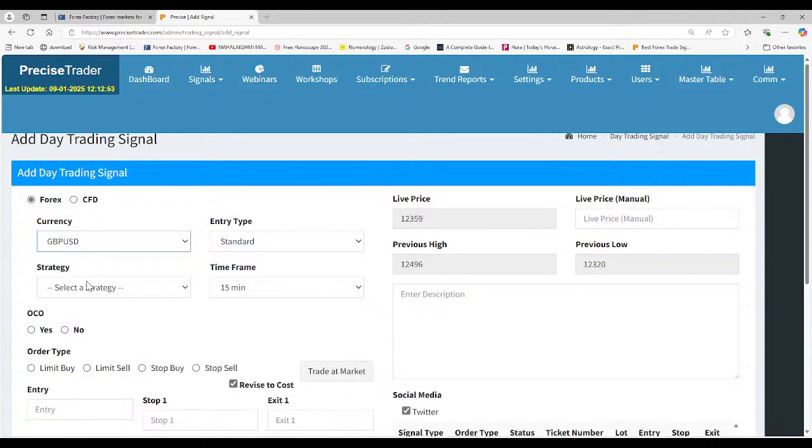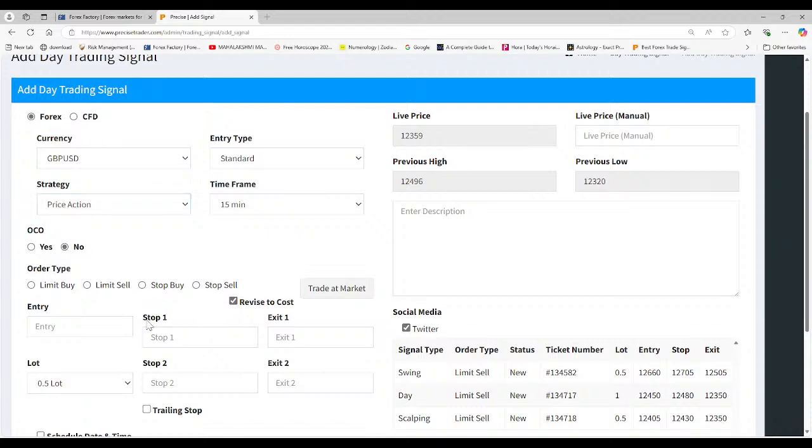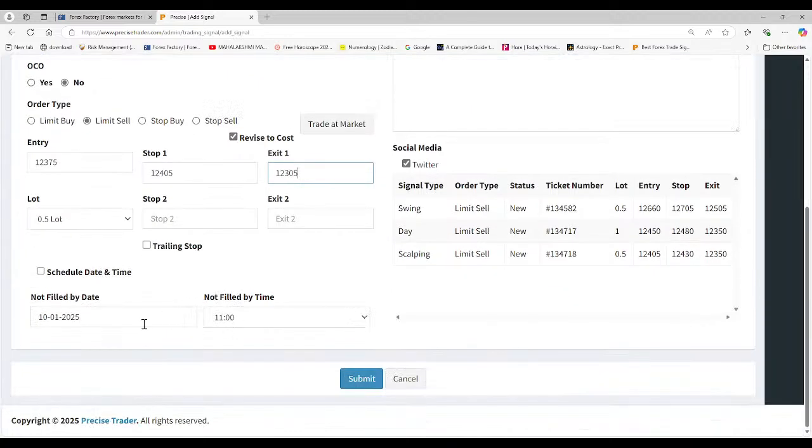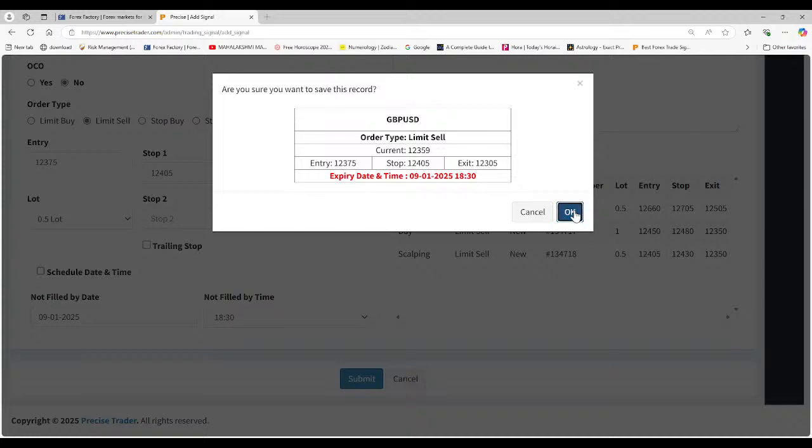Day trading. The price is not updated yet, so it's a bit slow. We'll put a sell at 123.75, 124.05, 123.05, and the expiry is until 6:30, because this is only a one-time belt trade.